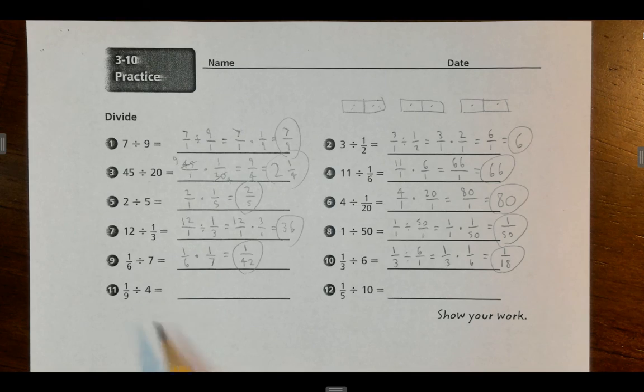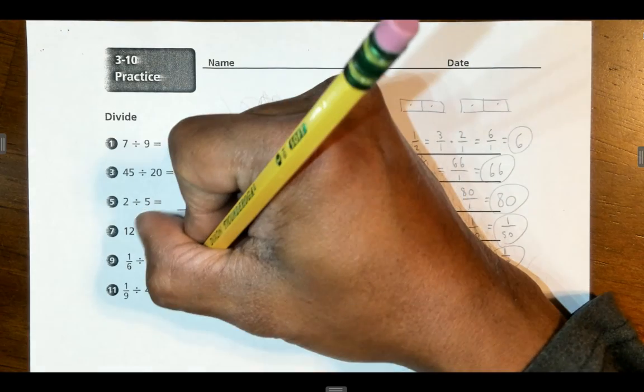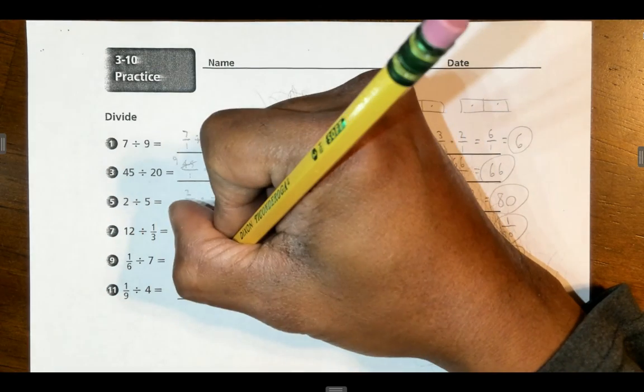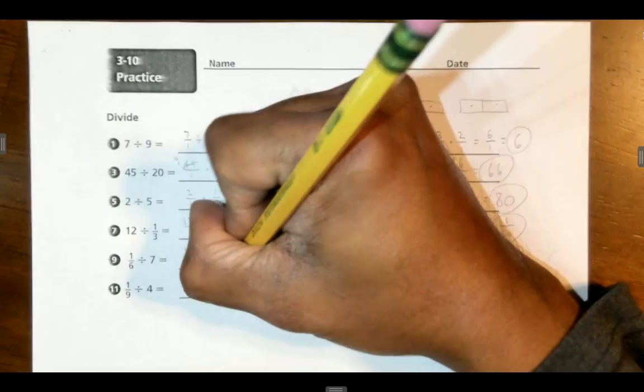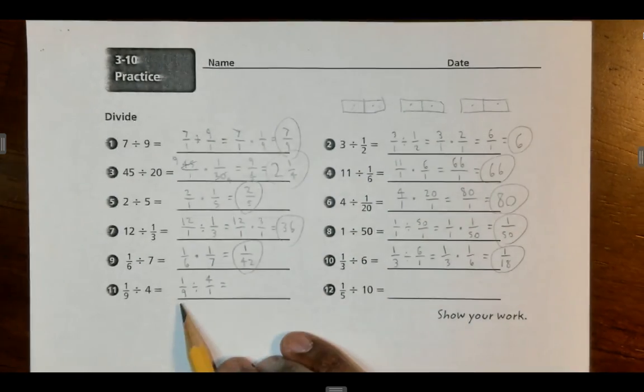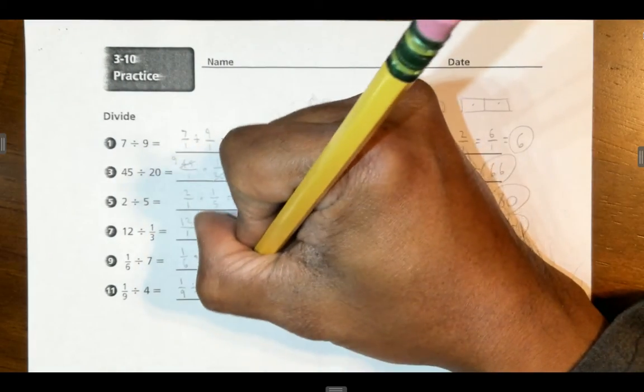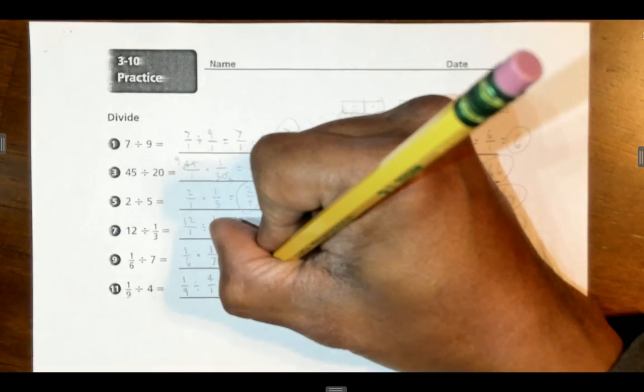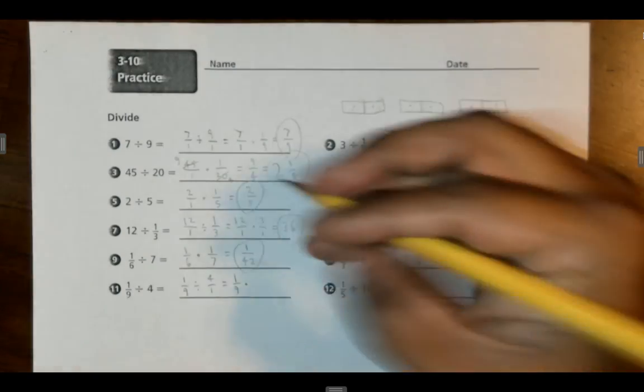1/9 divided by 4. I'm going to show the whole number as itself over 1. Now I'm going to keep what's on the left the same, change the symbol, flip what's on the right.